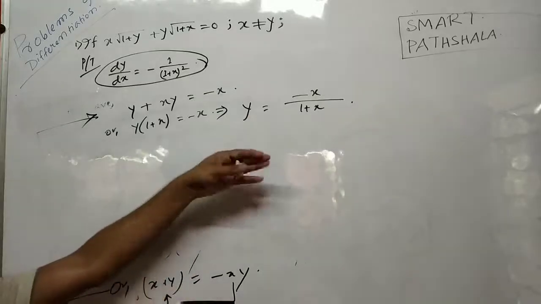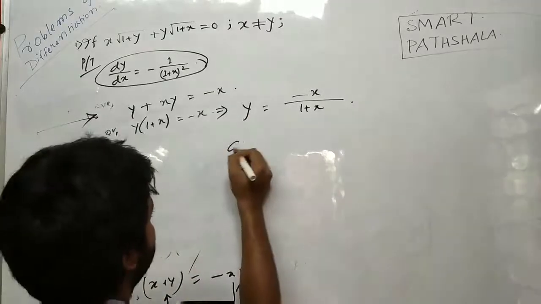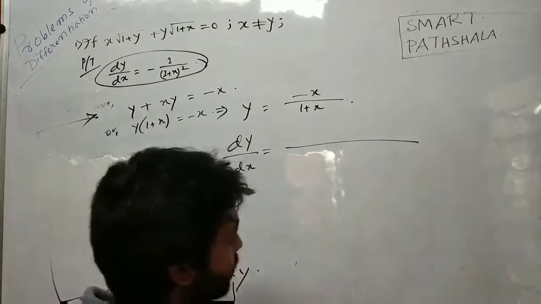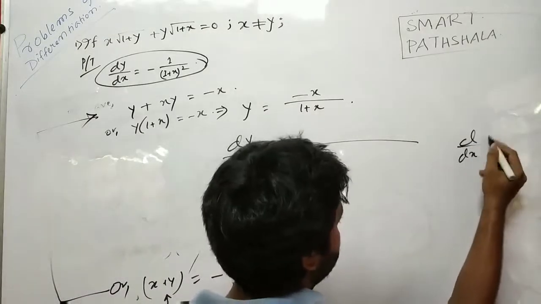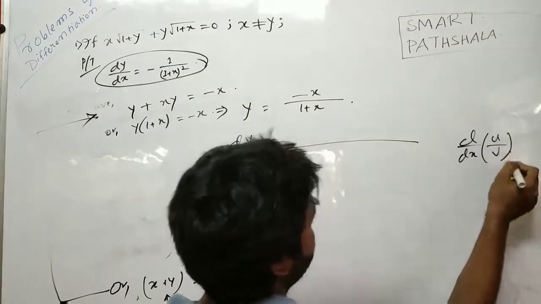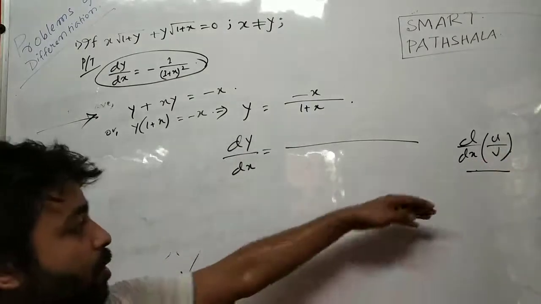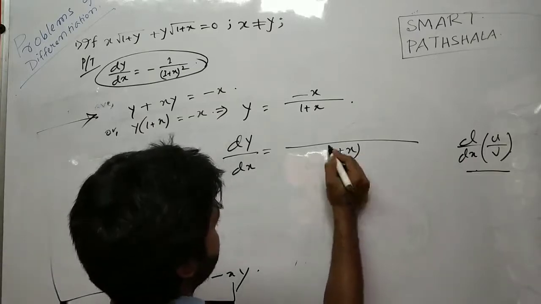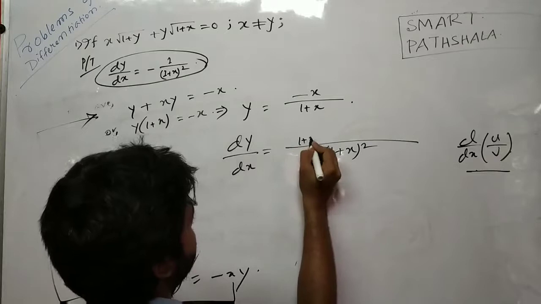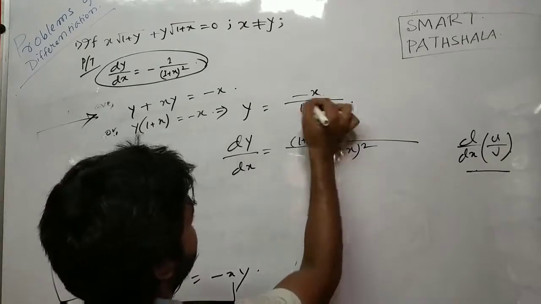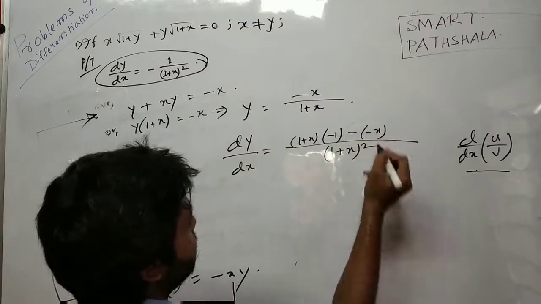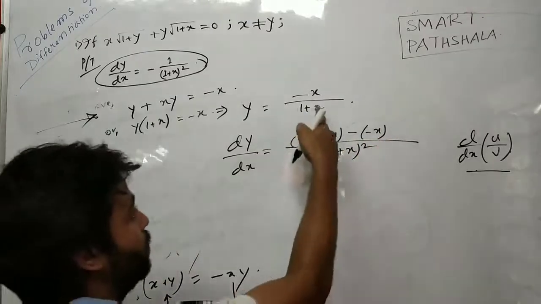Now differentiate here with respect to x. When you differentiate here with respect to x, what you will get is d/dx of u by v rule, right? So we know this rule, right? Obviously. So this rule says (1 plus x) whole square, then (1 plus x) into d/dx of minus x. So you have minus 1, minus of minus x, and then d/dx of 1 plus x.